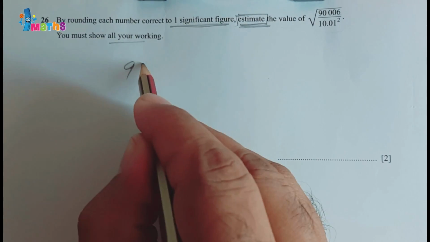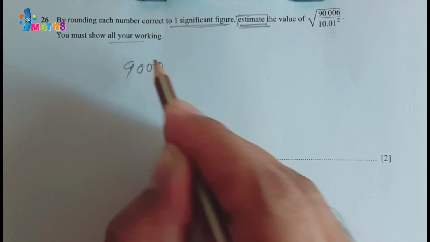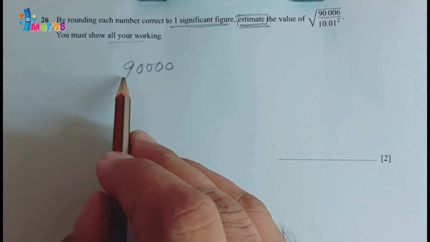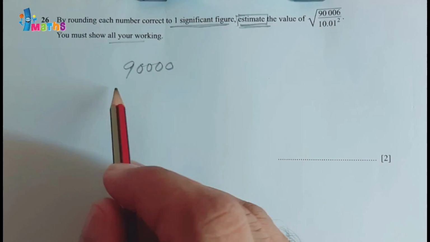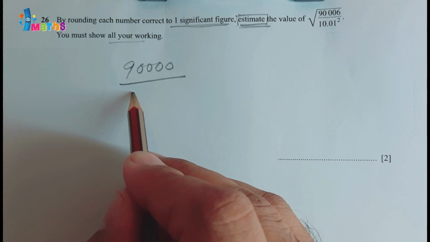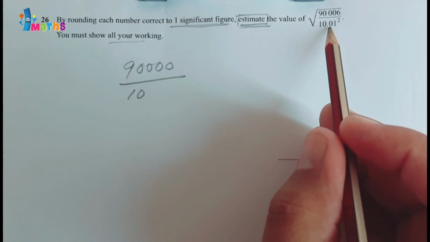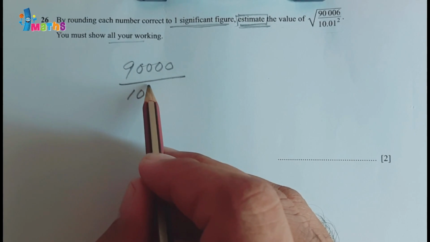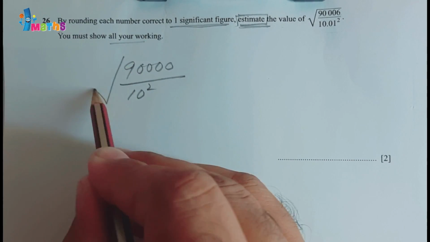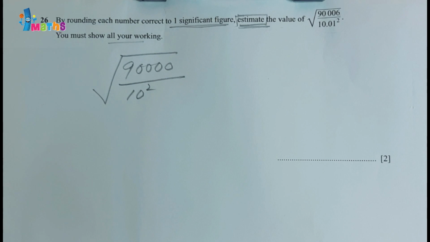So 90000. So this is the one significant figure of this one. Similarly, 10 will be the rounded value up to one significant figure. So 10 square under root, like this one.